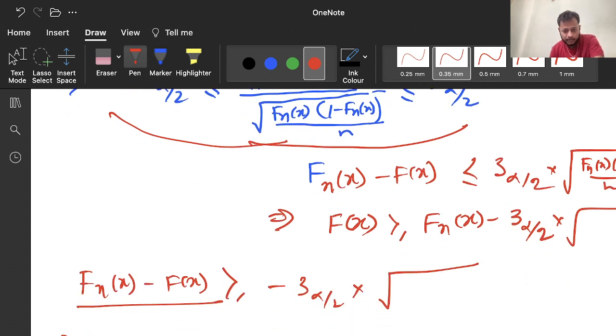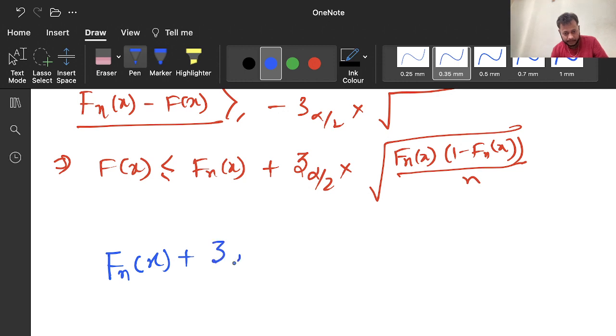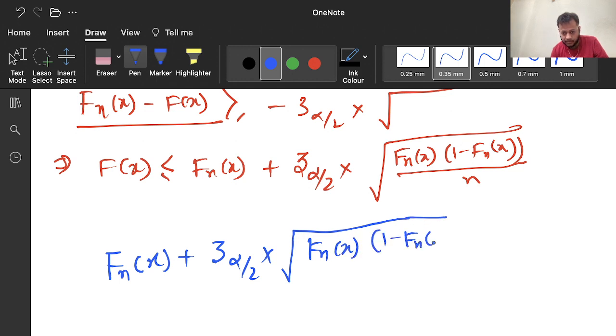So F(x) is less than or equal to, this will be, fn(x) plus z alpha by 2 into root over of fn(x) (1 minus fn(x)) by n. So that means that the range will be fn(x) plus z alpha by 2 into root over of fn(x). So you see what is the meaning of this.